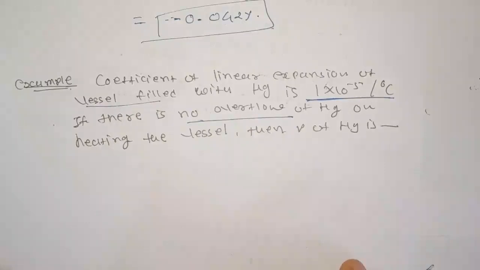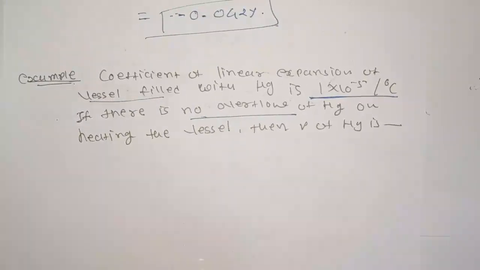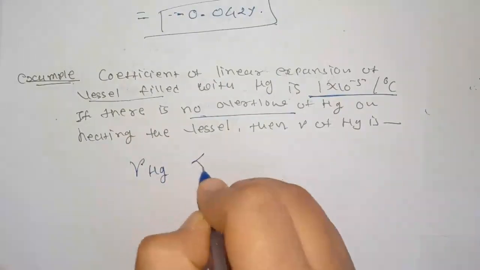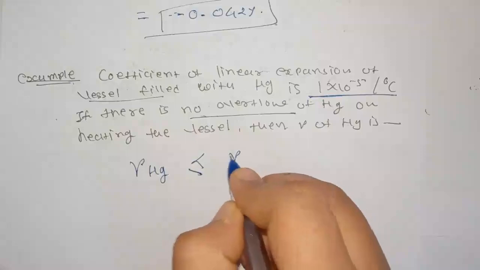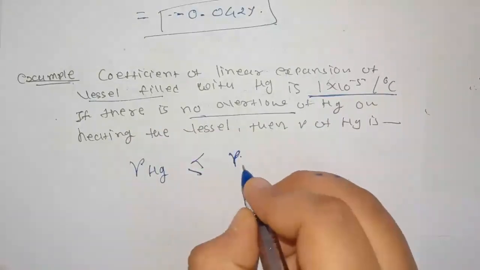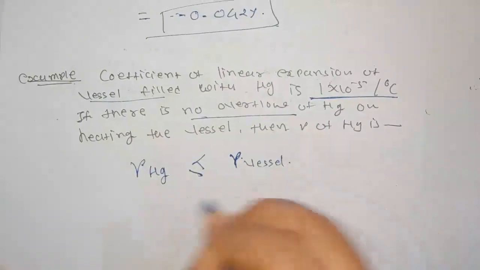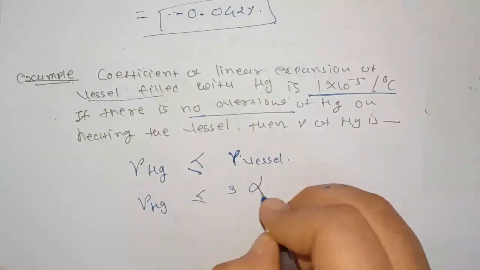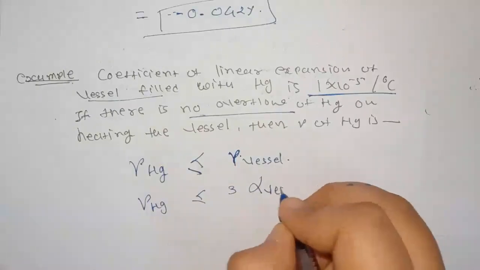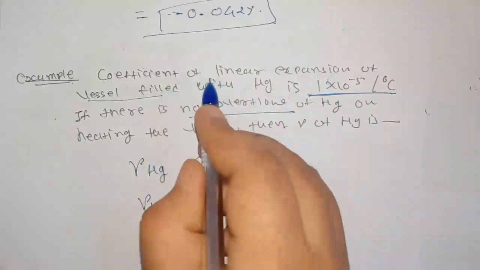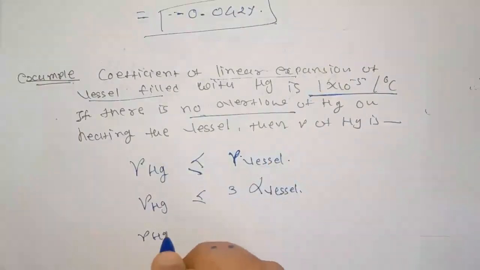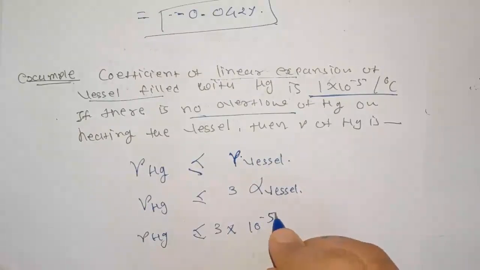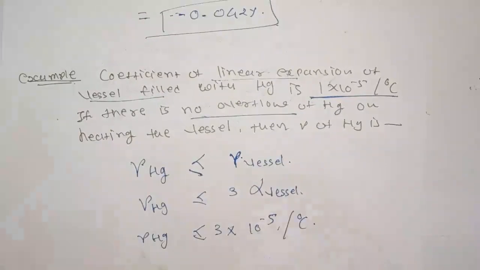Here there is no overflow, that means the gamma of Hg should be less than or equal to gamma of the vessel. So gamma of Hg should be less than or equal to 3 times alpha of vessel, because we are given the value of linear expansion. So gamma of Hg should be less than or equal to 3 into 10 power minus 5 per degree Celsius.